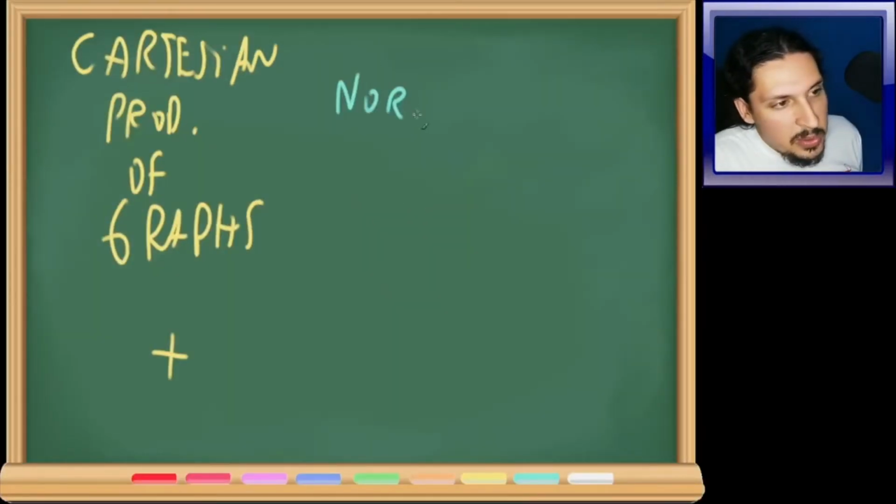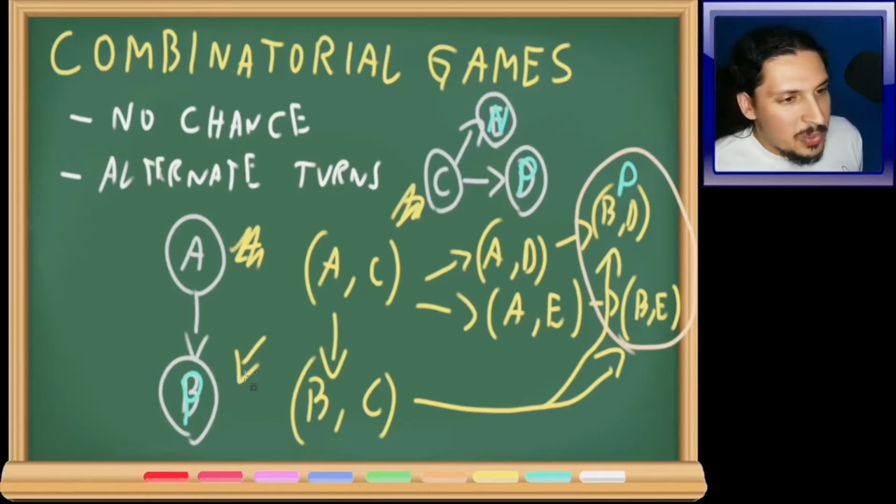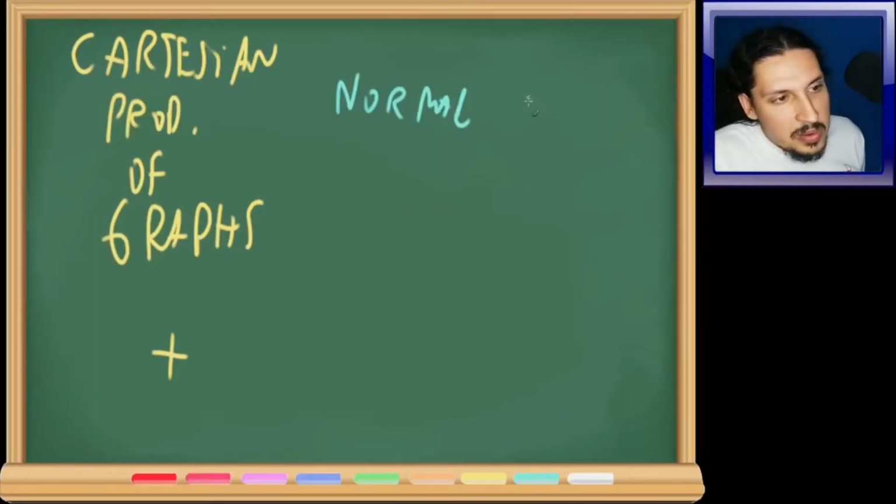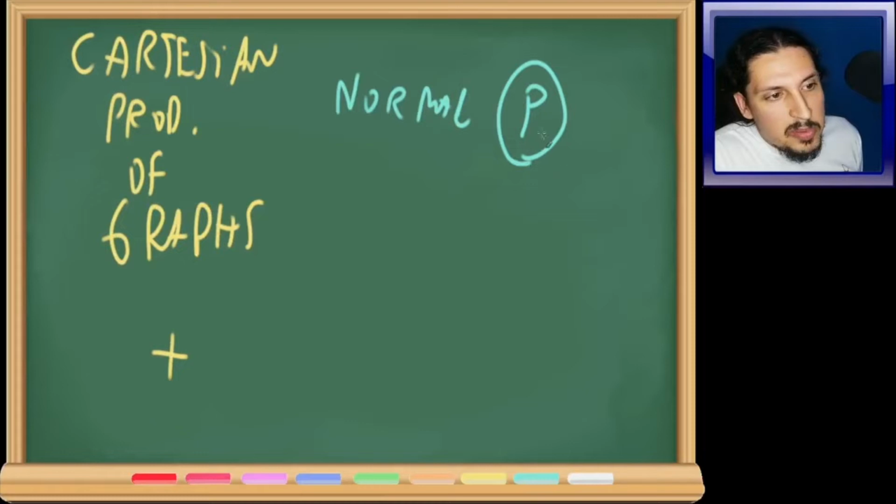We choose the normal rule, and in the normal rule we restrict all the games, the originals, the sum, all of our games, to the rule that leaf nodes, terminal positions, are always P. That is the normal rule. The normal rule is that terminal positions are always P. The previous player wins. So the player that cannot move and is faced with a terminal position when they have to move, loses.